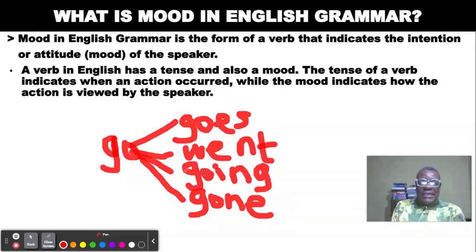I just want to give you a little insight into the relationship between verb and mood. They all derive from the verb, but while tense refers to the time of an action, mood refers to the intention or attitude of the speaker. So we shall be looking at all this.